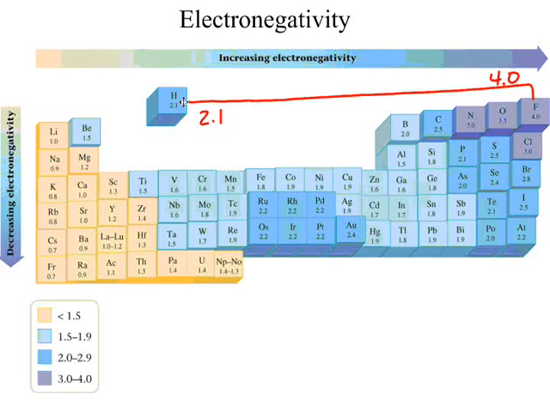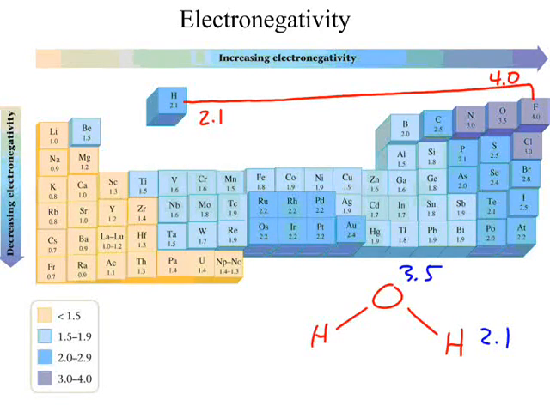If we look at another common molecule, say H2O, and we should all be familiar with the structure for water, the electronegativity again of hydrogen is 2.1, oxygen is 3.5, so the difference here is 1.4. Am I correct? 1.4?